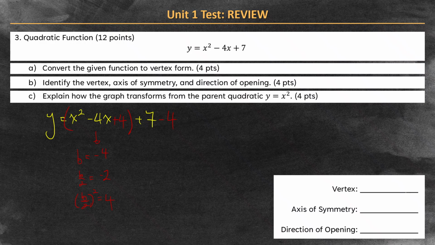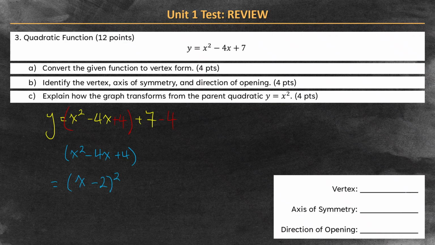Now, once we do that, let's take a look at how we can factor x squared minus 4x plus 4. Let me use a different color pen. I'm just going to isolate x squared minus 4x plus 4. We're going to factor this as, yes, you have it, x minus 2 squared.